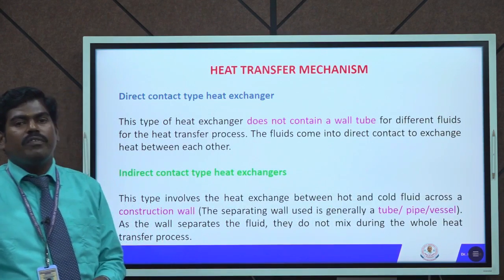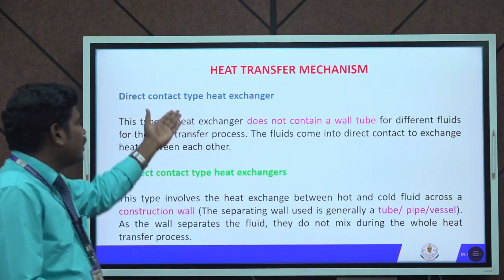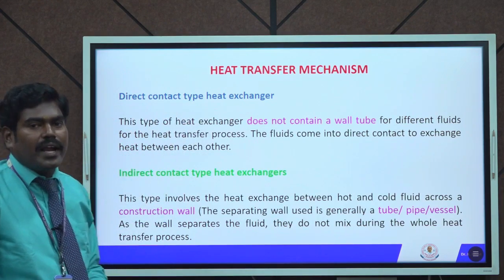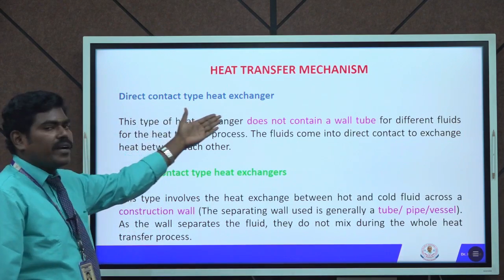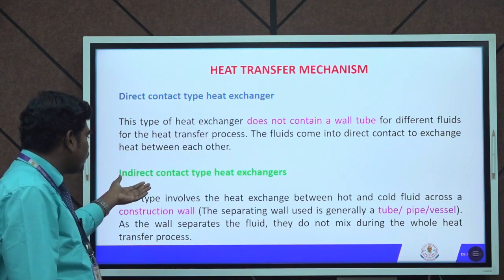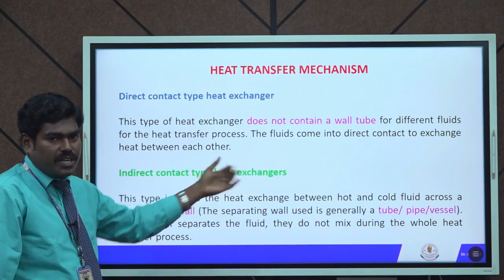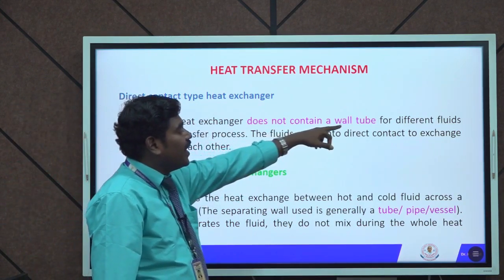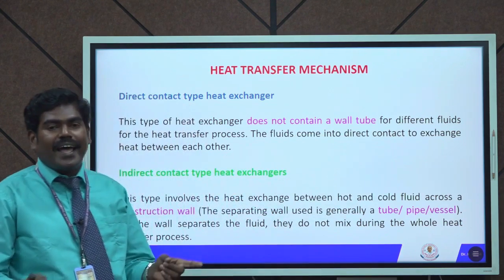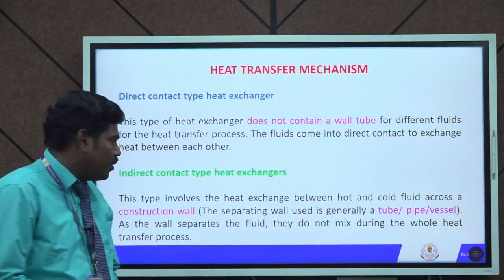Now the classification of heat exchangers based on heat transfer mechanism. There are two types. First one is the direct contact type heat exchanger and another one is the indirect contact heat exchanger. The direct contact heat exchanger does not contain any wall or tube; it is a direct mixing of fluids with each other.